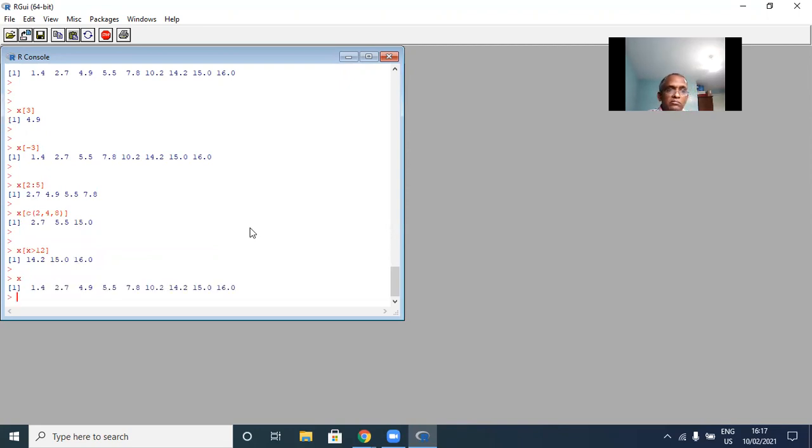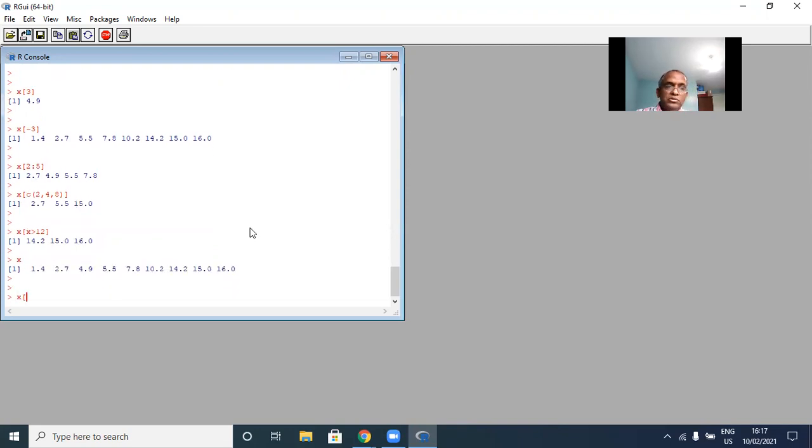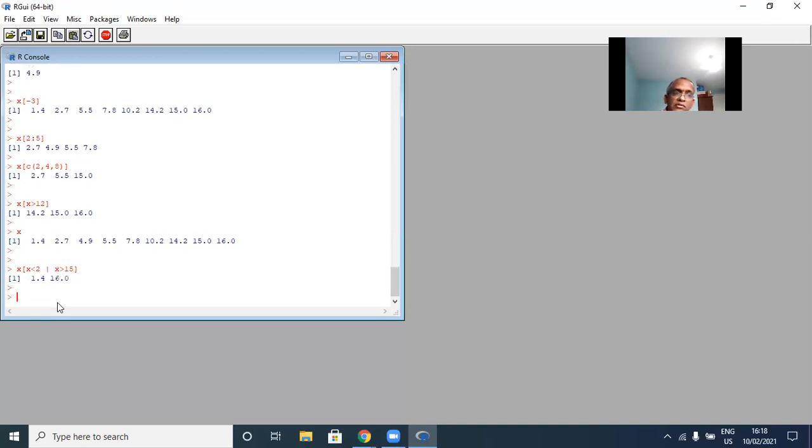Now, let me retype x. Okay, now if you do this, you should do this, where the vertical bar here means or, right? What you're asking for is all the values in x for which x is less than 2 or greater than 15.